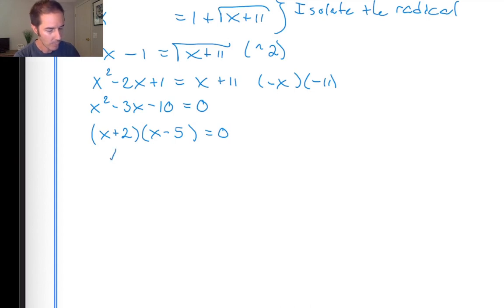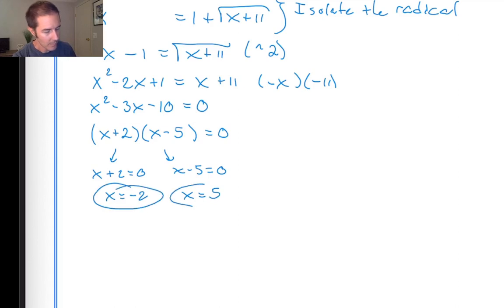Now we can use the zero product principle, set these equal to 0. I'm going too fast. x plus 2 equals 0, x minus 5 equals 0. Solve those little equations. Most of us just do those bits in our head.